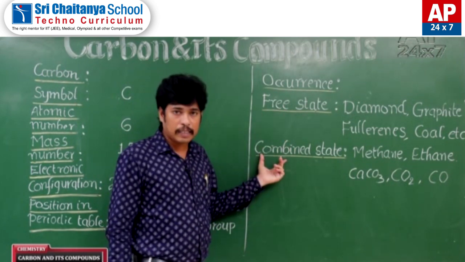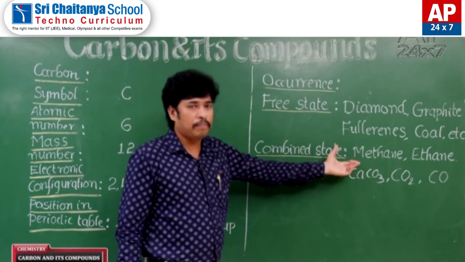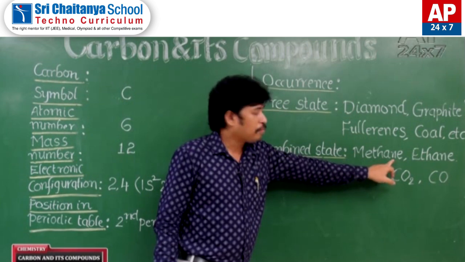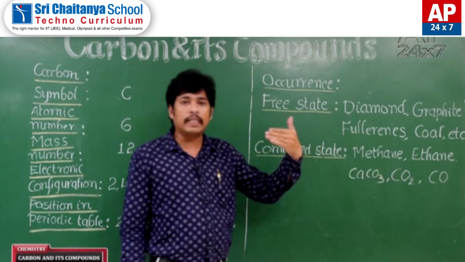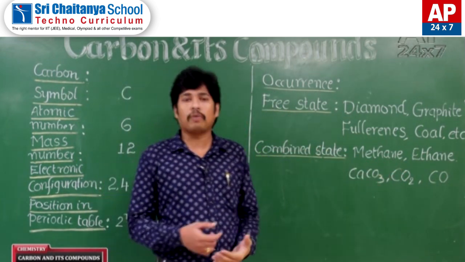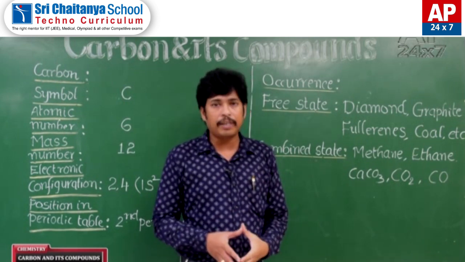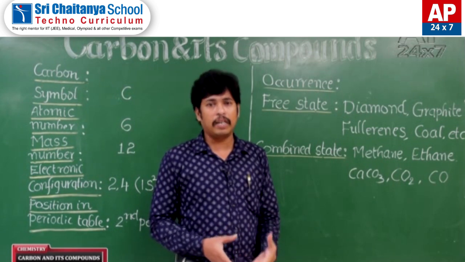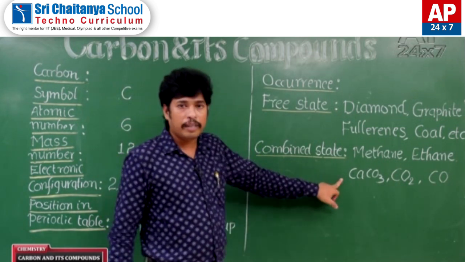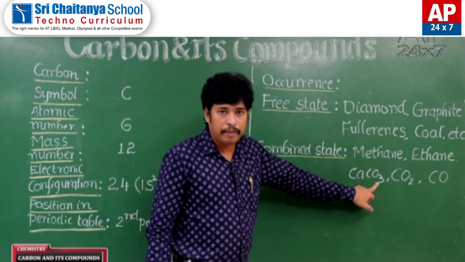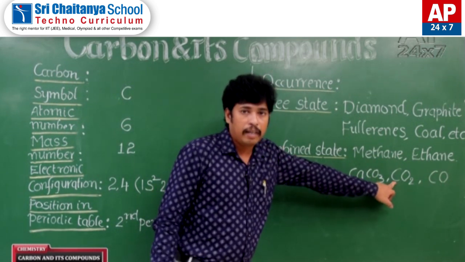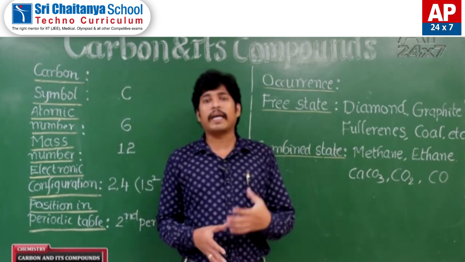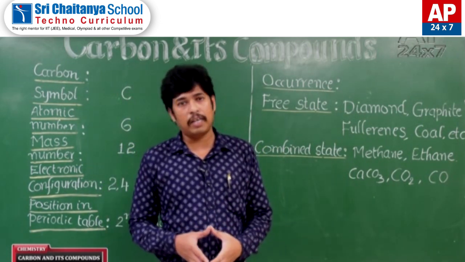Coming to the combined state of carbon, basic examples are methane or ethane. Not only these 2 examples, any hydrocarbon or hydrocarbon derivative in general we can consider as a combined state of carbon. And moreover, calcium carbonate, carbon dioxide and carbon monoxide, even these 3 compounds we can consider as the combined state of carbon.